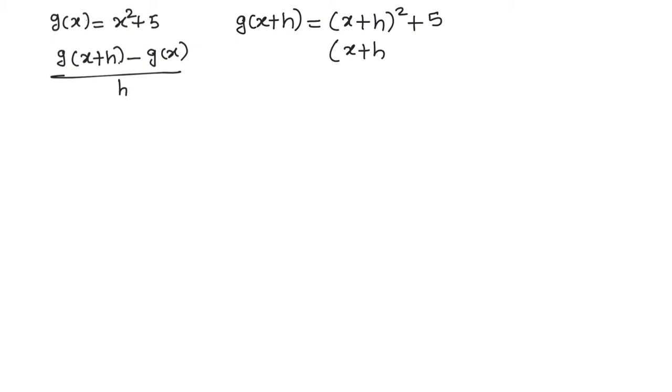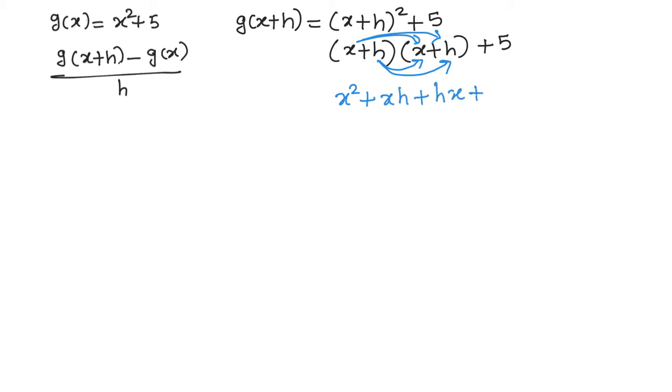If I expand this, that is x plus h times x plus h plus 5. Then FOIL that. So x times x and x times h, then multiply by h. So it will be x square, then xh, then hx plus h square plus 5.